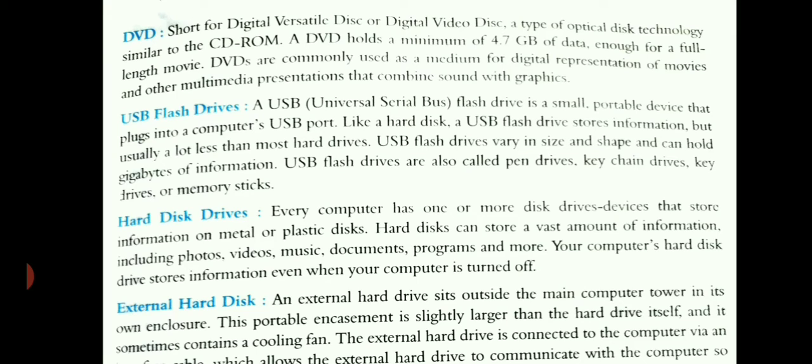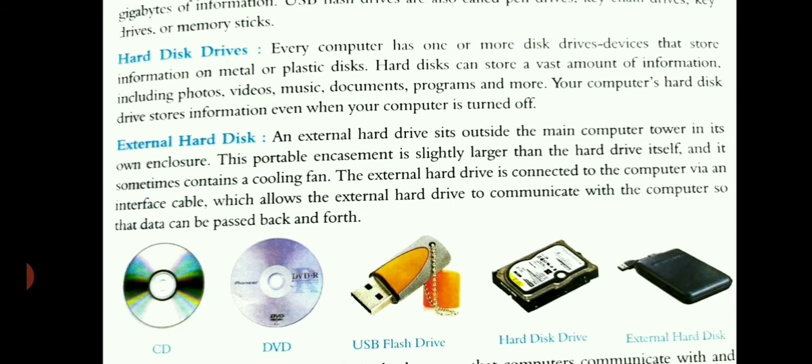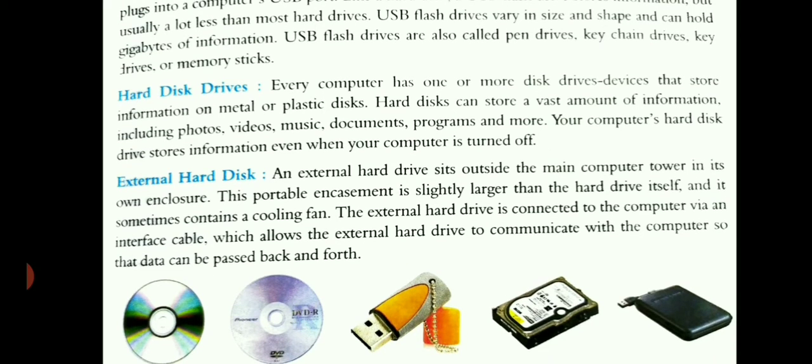USB flash drives are also called pen drives, keychain drives, key drives or memory sticks. Here is a picture of a USB flash drive. You can see it is small and portable. You can easily take it in your pocket.